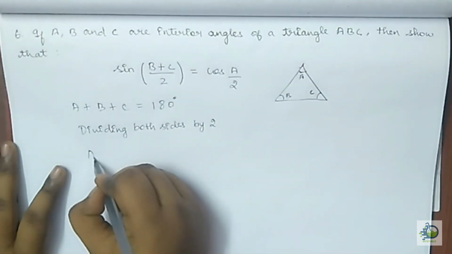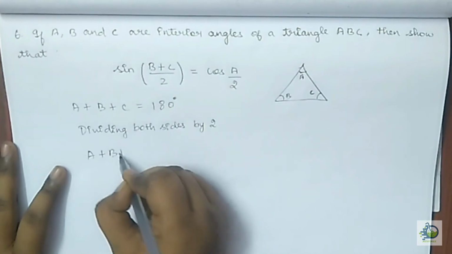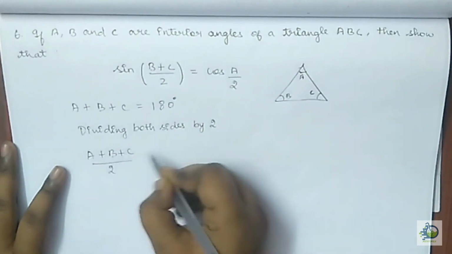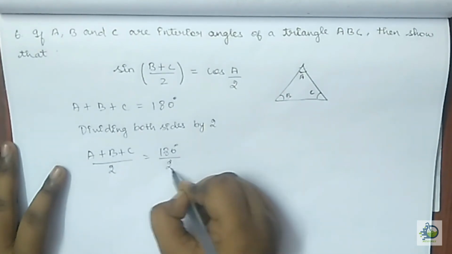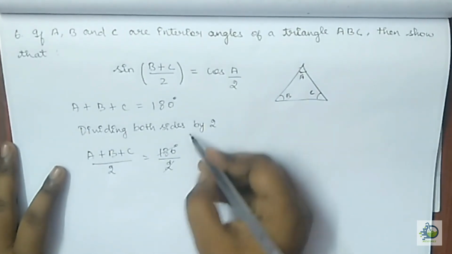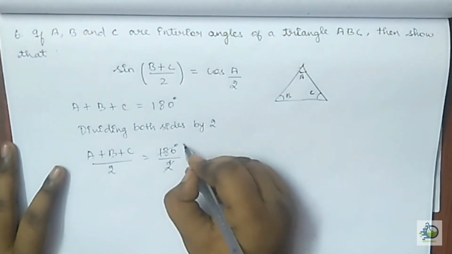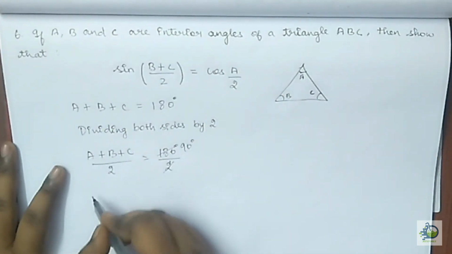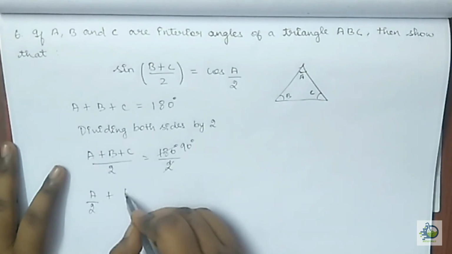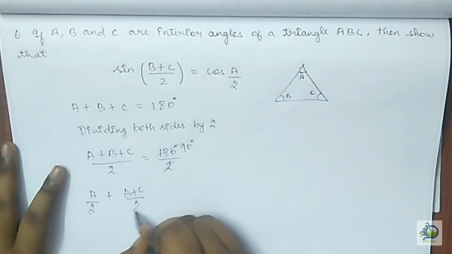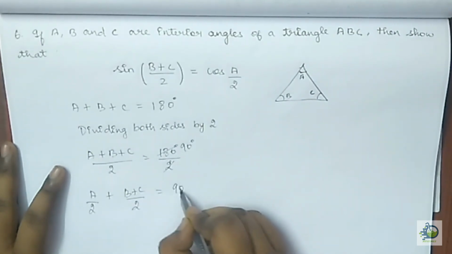Now we are going to divide both sides by 2. We get (A plus B plus C) by 2 is equal to 180 degrees by 2. So we can cancel and we get 90 degrees. Here I can write it as A by 2 plus (B plus C) by 2 equal to 90 degrees.